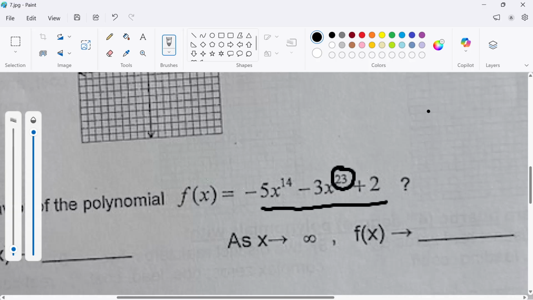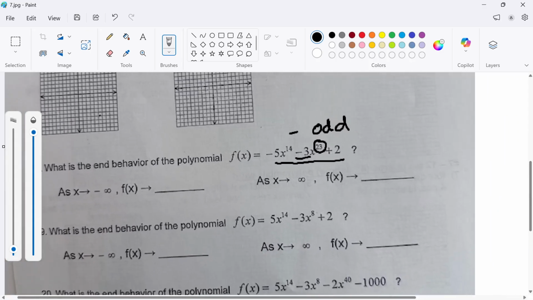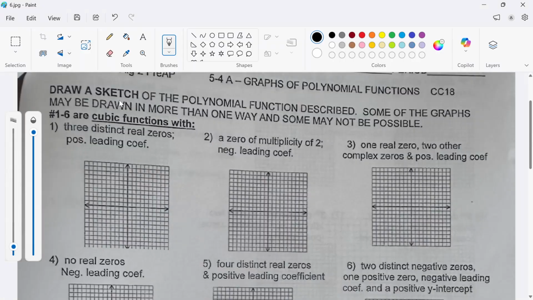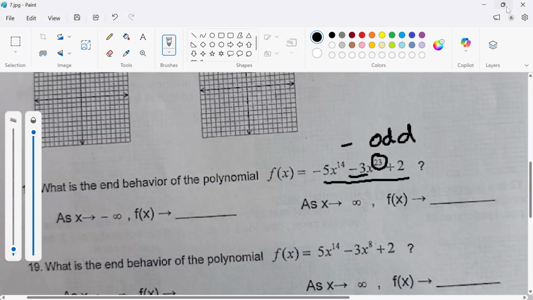The degree is odd, and this is a negative leading coefficient. So as x goes to negative infinity, where does it come from? And as x goes to infinity, where's it going? I'm just going to look on my table. Negative, odd, up, down. So infinity, negative infinity. That's all I write here: infinity, and it ends up going towards negative infinity.